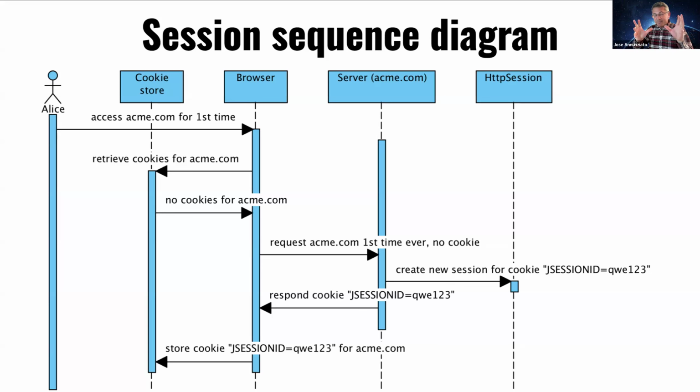Now, on top of that basic mechanism, we can build all sorts of infrastructure, including what we refer to as a session. A session is an object instance that the server can maintain in memory, mapped to that unique identifier. It can retrieve this data structure per identifier.